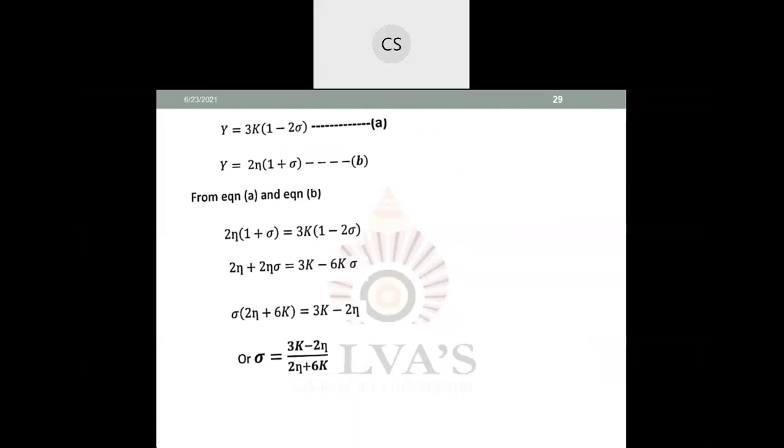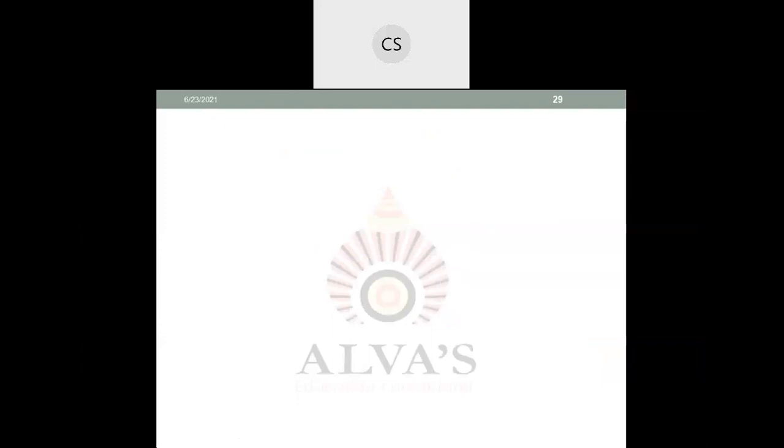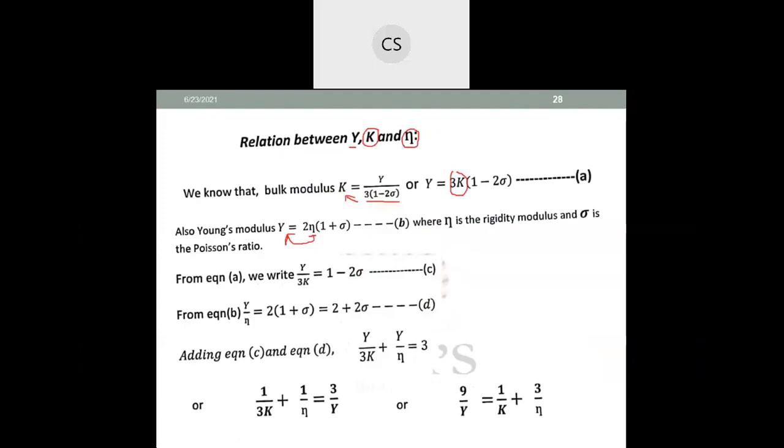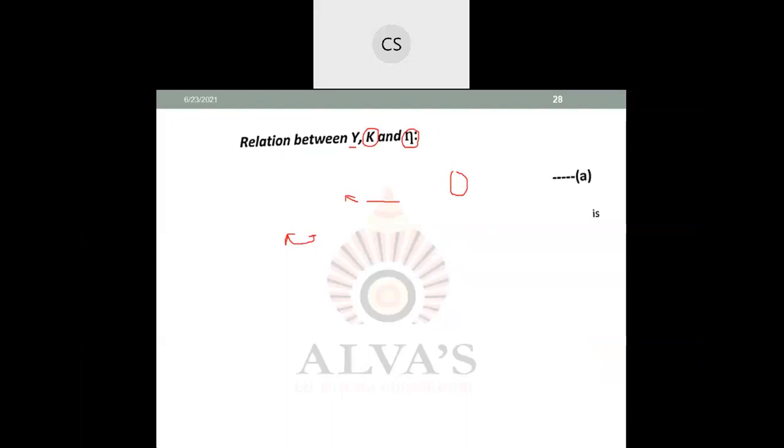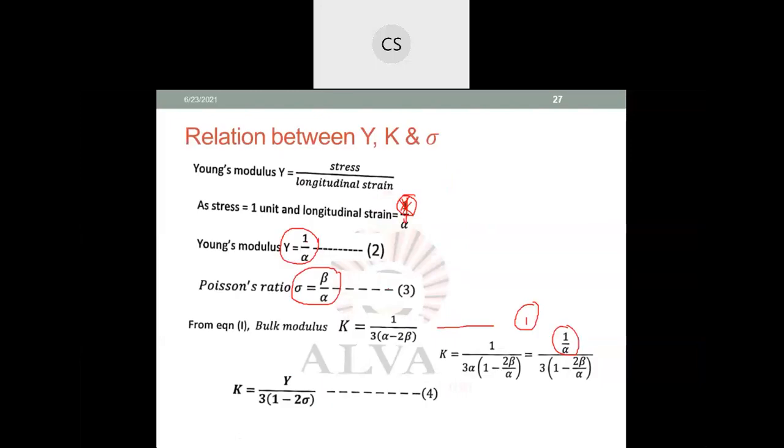If it is asked for the relationship sigma is equal to 3K minus 2 eta divided by 2 eta plus 6K, it will be something like 8 marks or 10 marks. If it is asked for the relationship between Young's modulus, bulk modulus and rigidity modulus, that may be for 6 marks. A relationship between K, Y and sigma may be 4 or 5 marks.